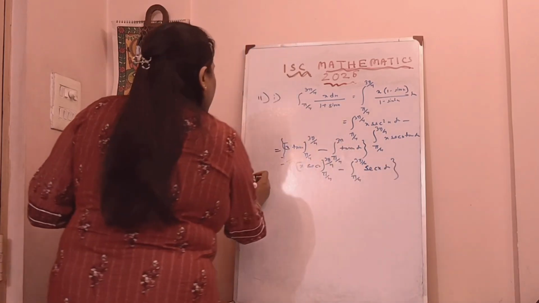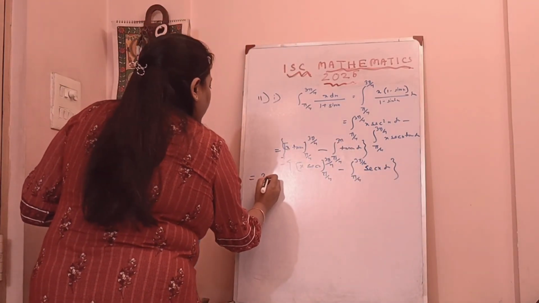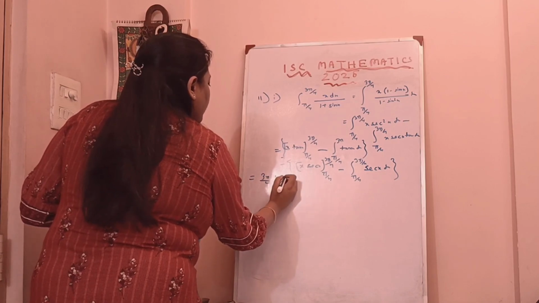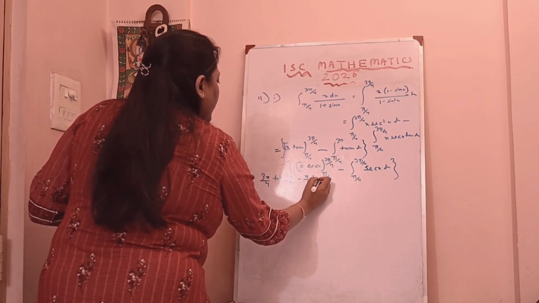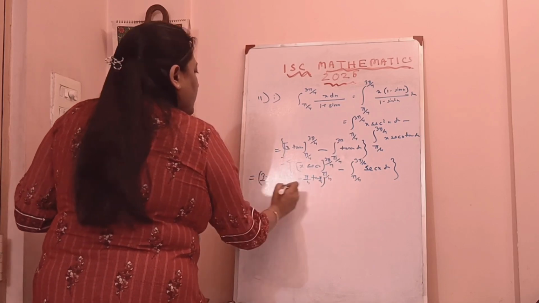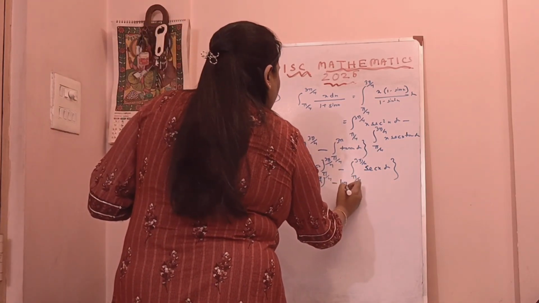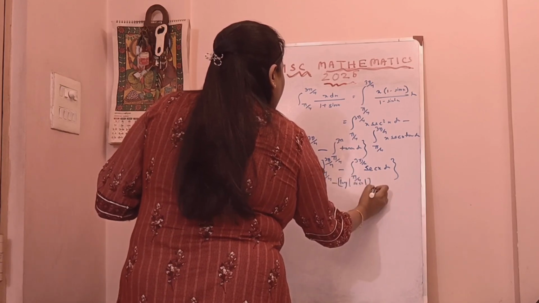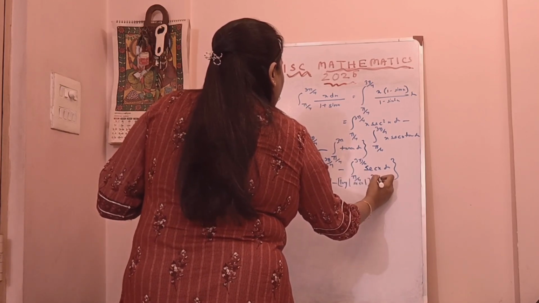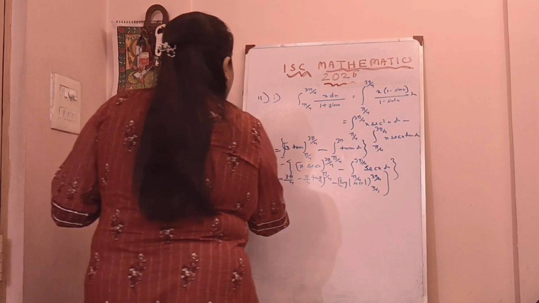In the first part we get 3 pi by 4 tan 3 pi by 4 minus pi by 4 tan pi by 4, and the integral of tan x is log mod sec x, from pi by 4 to 3 pi by 4.